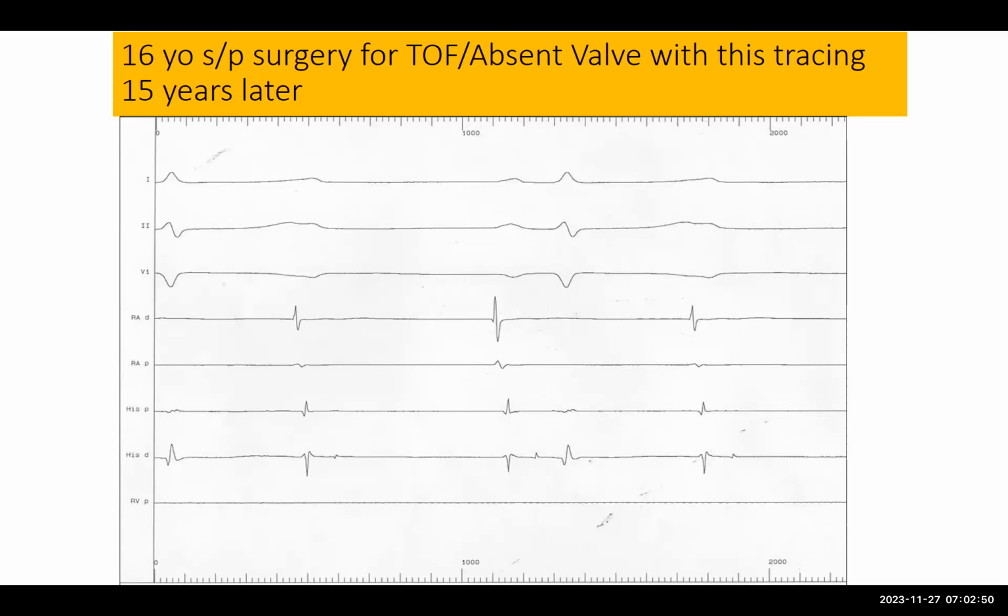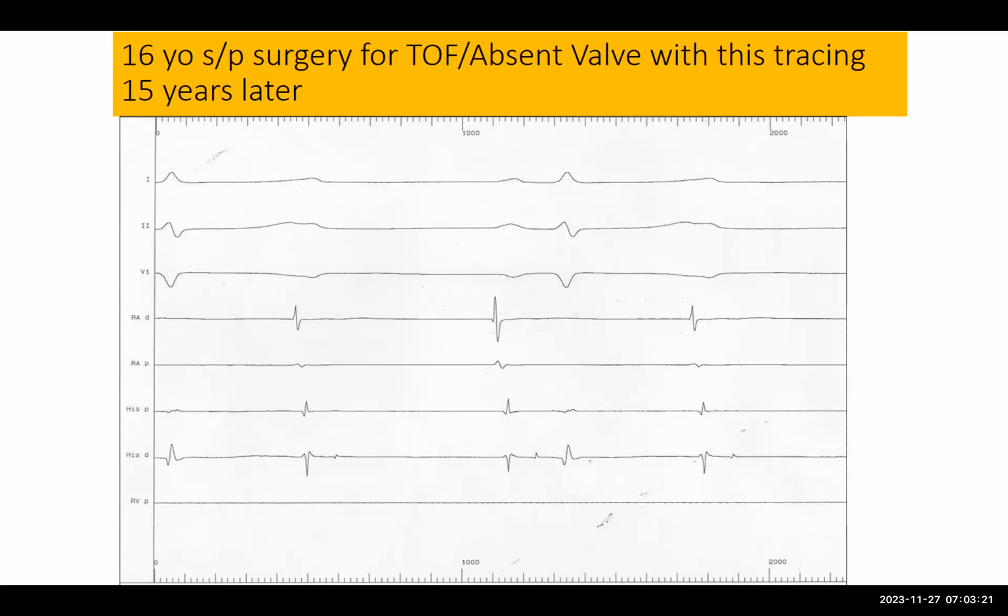So if I first look at the surface electrogram, in the first QRS complex, I guess I would say more like in the second one, there's a P and a QRS.